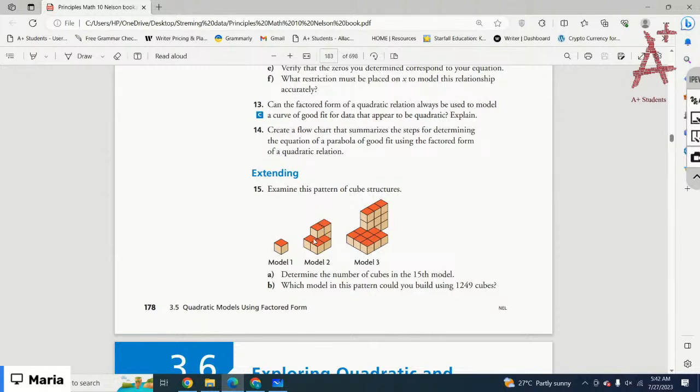You have to write down the equation for this relation.